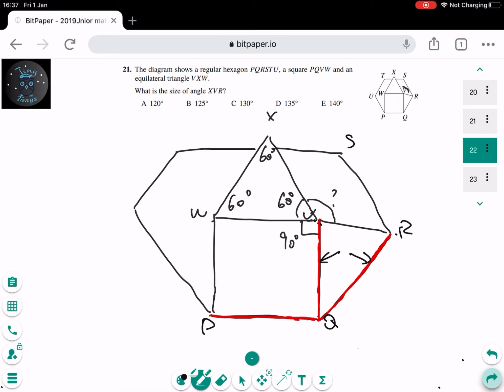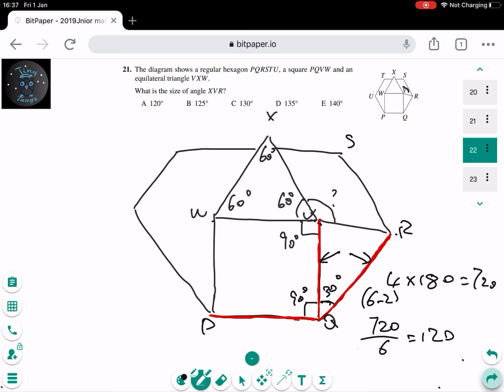Because the internal angle sum of a hexagon is 4 times 180, where 4 is 6 minus 2, so 4 times 180 equals 720. For a regular hexagon, 720 divided by 6 equals 120. So 120 minus 90 degrees here makes 30 degrees.